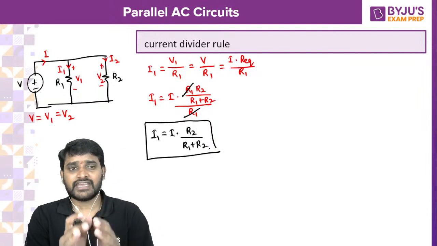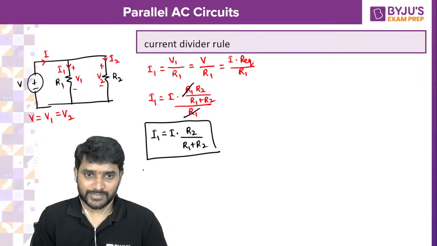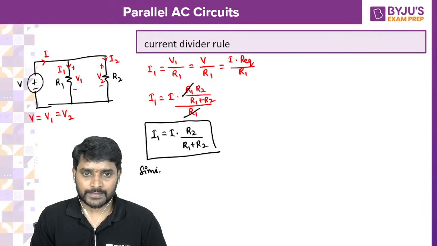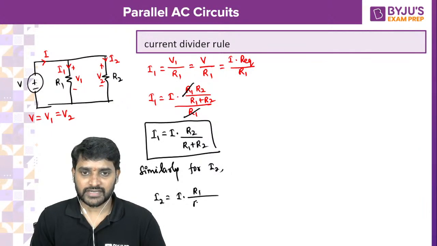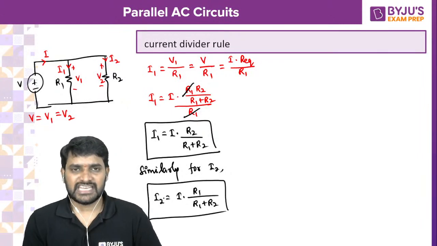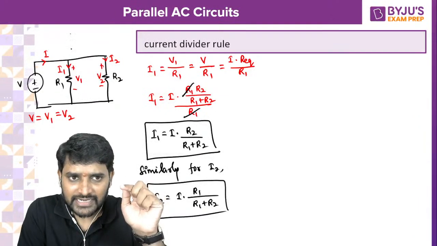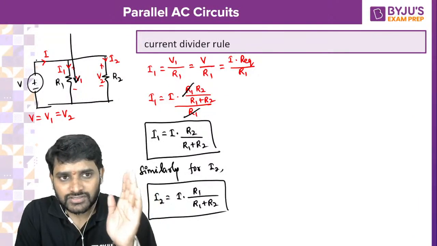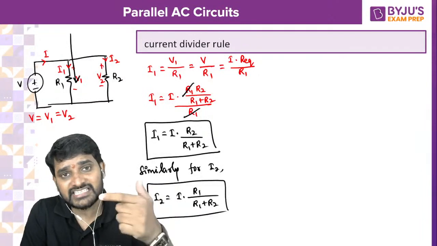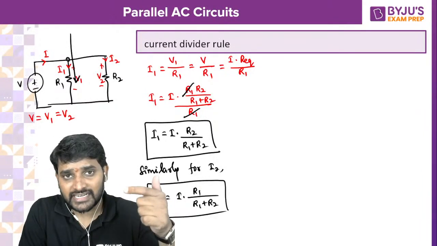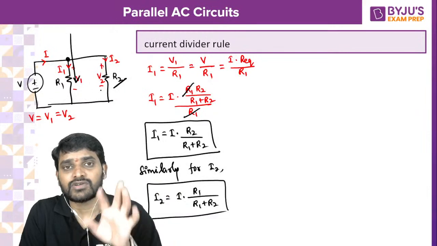In the same way, for I2 you get I2 equals source current into R1 divided by R1 plus R2. In other words, when you have only two elements, if you wanted to calculate the R1 current, it is the total entering current at the junction into the opposite resistance divided by the total resistance.